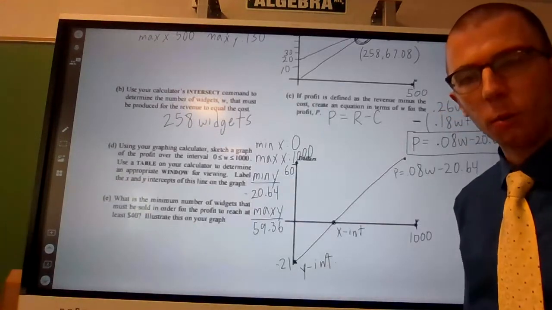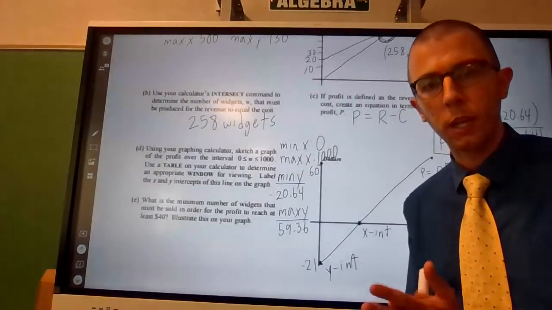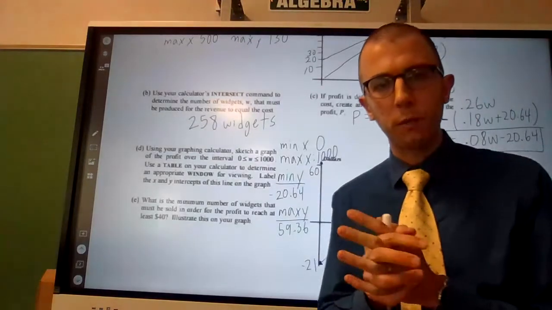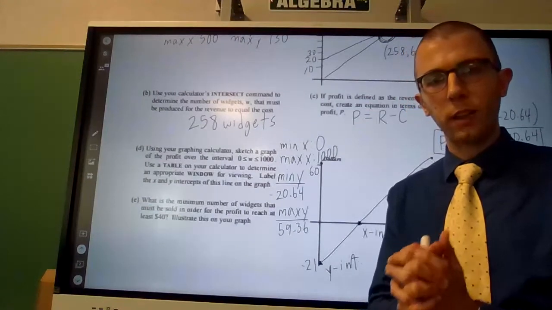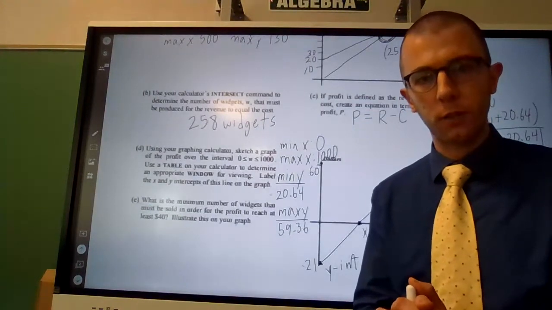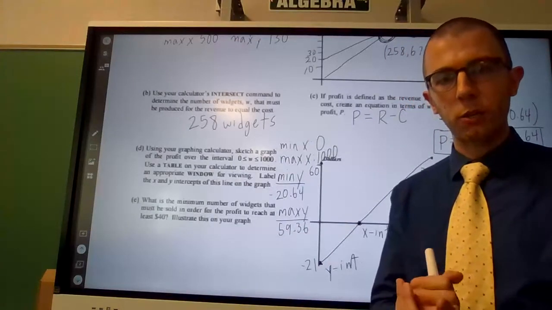Okay, almost done here. We got our sketch. One last question. What is the minimum number of widgets that must be sold in order for the profit to reach at least $40? Okay, and illustrate this on your graph.